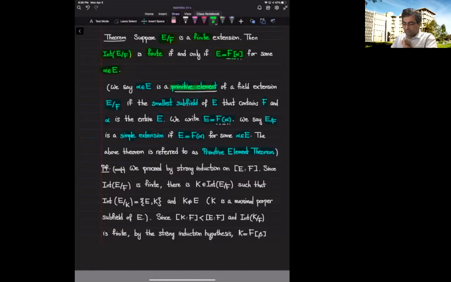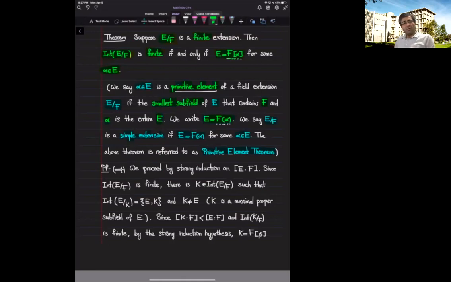So again, alpha is called a primitive element if the smallest subfield of E that contains both the base field and alpha is the entire field E. So if this is the case, then in fact we denote E by F parentheses alpha, and we call alpha a primitive element. Here I'm not assuming that E over F is an algebraic extension. It can be any field extension.